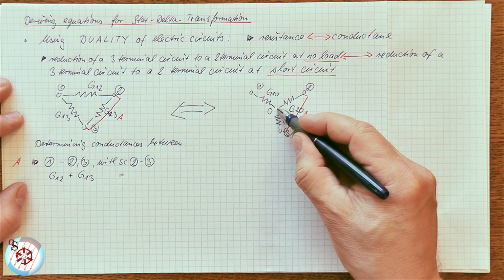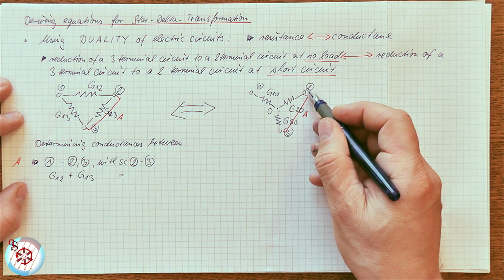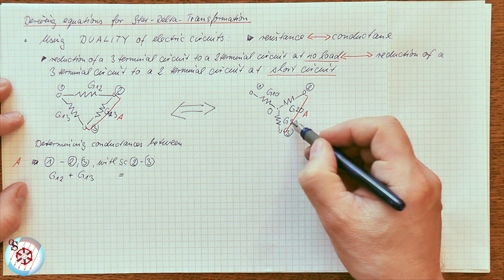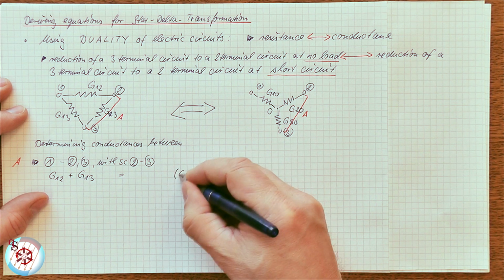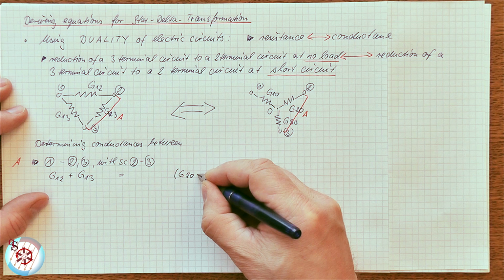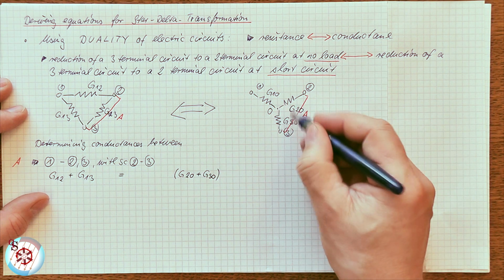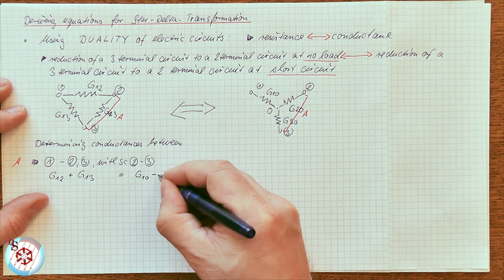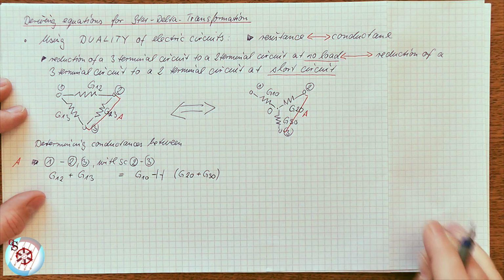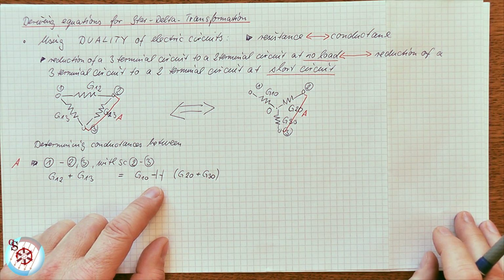And again from 0 to short-circuited 2 and 3, G20 and G30 are in parallel. You can simply add them up. That's G20 plus G30. And in series with this sum of these 2 conductances is G10. So I have a special sign here to make that clear, because I cannot write a plus here even though they are in series.